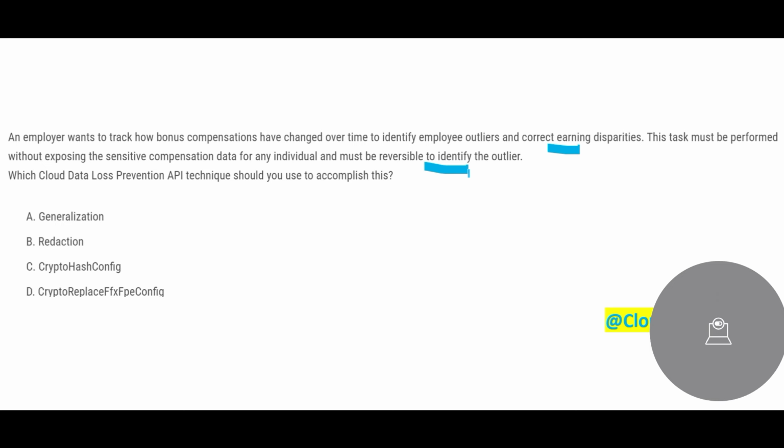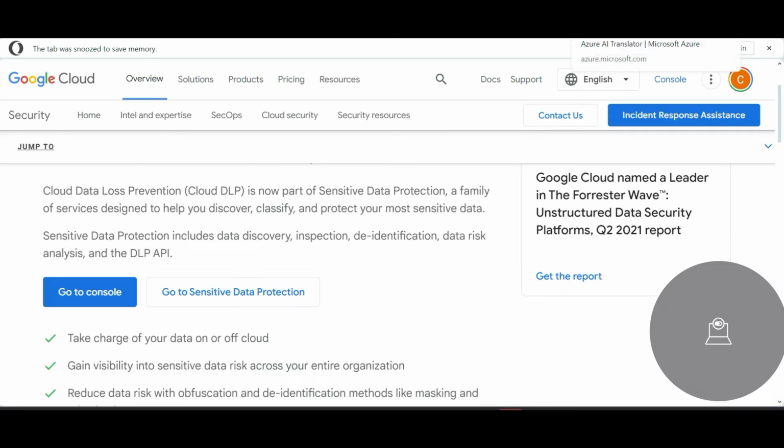So, which Cloud Data Loss Prevention API technique should you use to accomplish this? See, why are we using this technique? Because of sensitive data. How will the computer know it is sensitive data? It will first discover, then classify, and then say, oh my god, I found sensitive data.